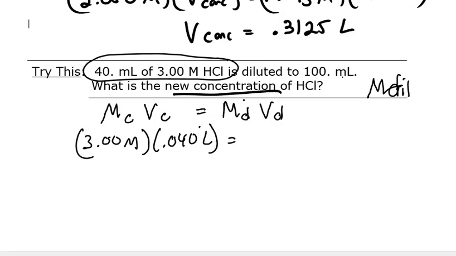And the new concentration we don't know, but we know that it's diluted to 100 milliliters, so that's the volume. So our unknown is the dilute molarity. The volume is 0.1 liters. And if you solve for the molarity of the dilute, which I'm abbreviating as just D, you'll get 1.2 molar.